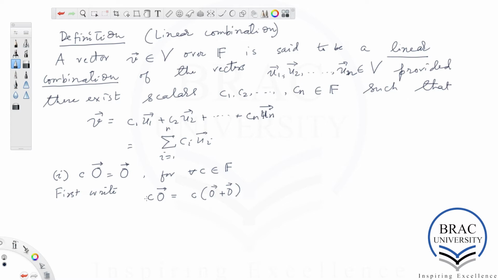Okay, and using the first distributive property, which is property 4C, we can write it as c times the zero vector plus c times the zero vector. Let me write it here by using 4C.